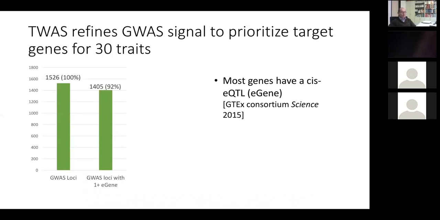Again, this isn't surprising, as emergent data from the GTEx consortium and other studies suggest that every gene will have some sort of cis eQTL as sample sizes grow larger. The implication being that taking the gene at the GWAS locus that has an eQTL on its own is not an effective strategy for understanding the mechanism that's driving risk.